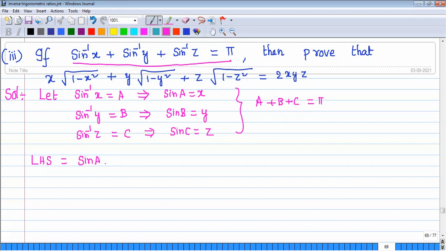Sin A under root of 1 minus sin square A plus sin B under root of 1 minus sin square B plus sin C under root of 1 minus sin square C. Okay, I ask you one question. What is the value of root of 1 minus sin square A?